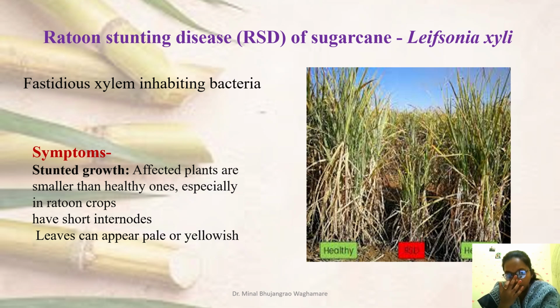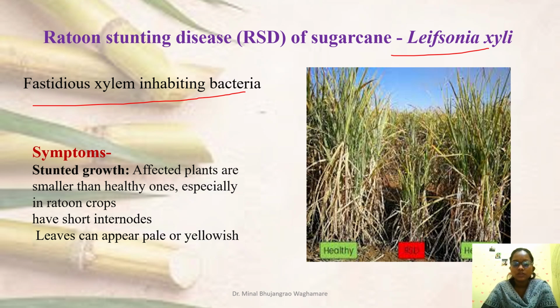Coming to the next disease, that is Ratoon Stunting disease of sugarcane, caused by Leifsonia xyli. This is not a fungal disease. It is a disease caused by a fastidious xylem-inhabiting bacterium. Coming to the symptoms, the affected plants are smaller than the healthy ones, especially in ratoon crops.